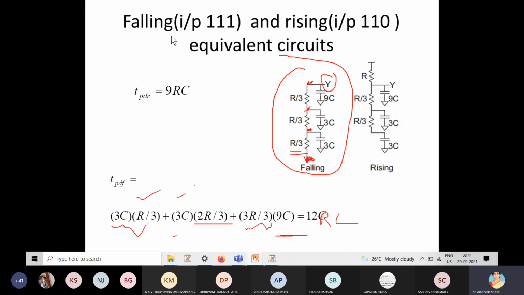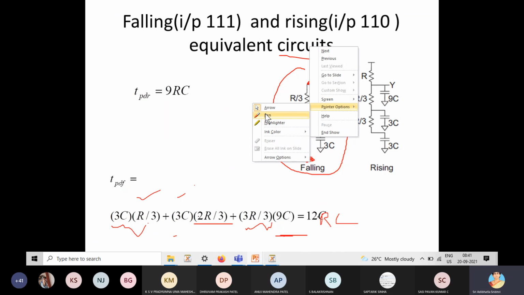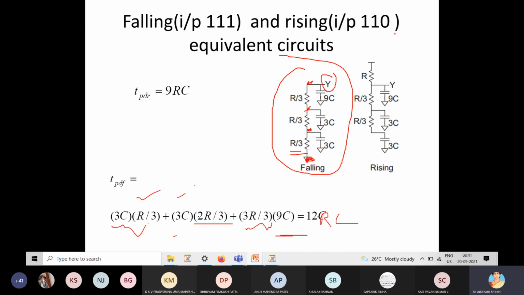Coming to the second one, rising. For the rising, I can take many inputs. I have taken 110: A1, B1, C0. If I take 110, one PMOS is on. The last PMOS is on and the last NMOS is off, but the other two NMOS are on.